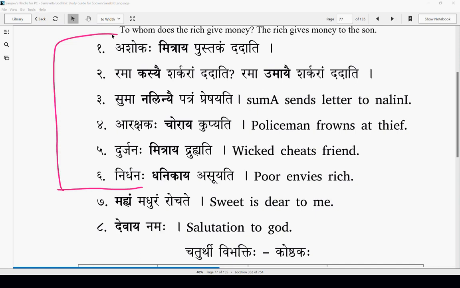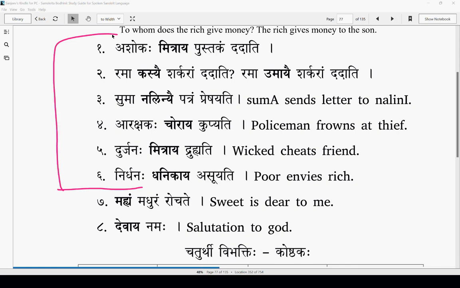Nirthanaha Dhanikaya Asuyati. So, Sujata, you want to try some other example with asuyati or asuya, asuyami? Any? Or Rita, Bhagini? Gnaninaha Ajnanaya Kupyati.